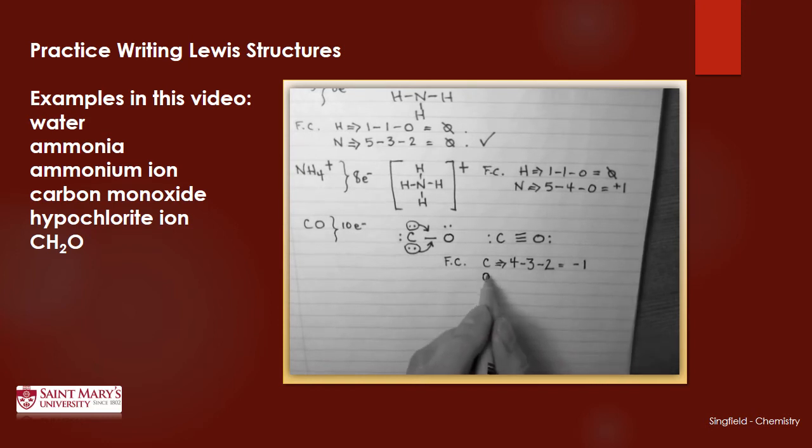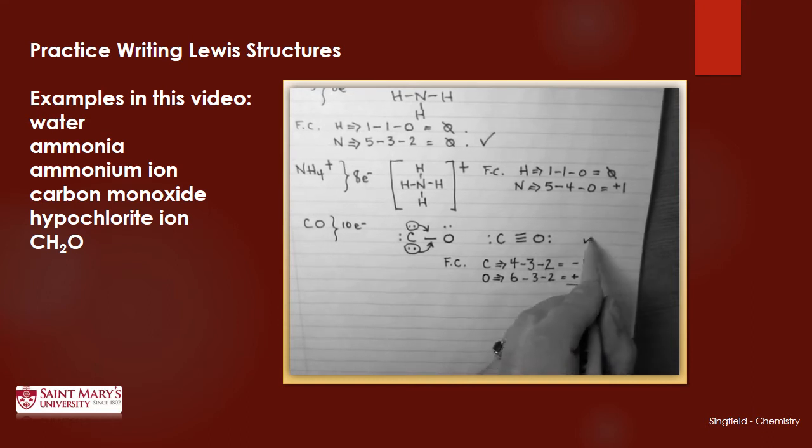And the formal charge on oxygen is 6 valence minus half of the bonding minus the number of non-bonding, and I have 6 minus 3 minus 2, which is a plus 1. It adds up to 0, which is the charge on the molecule, so everything is a-okay.